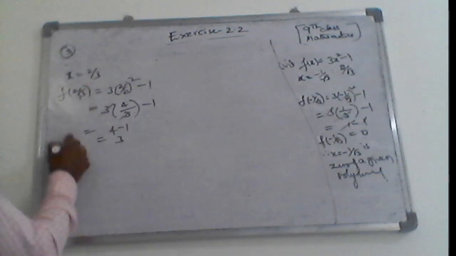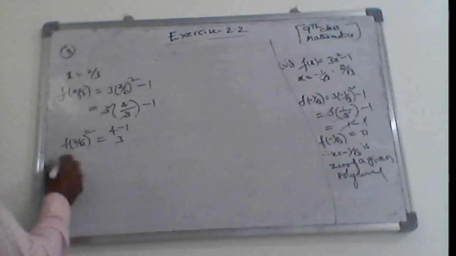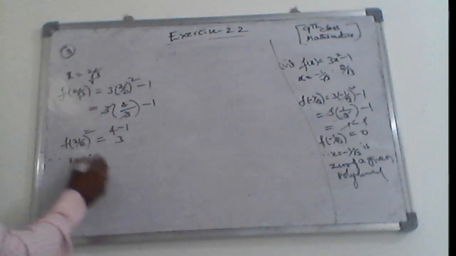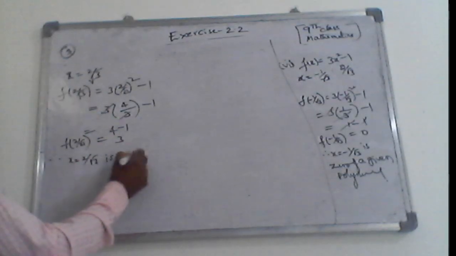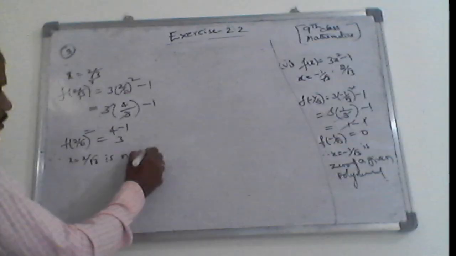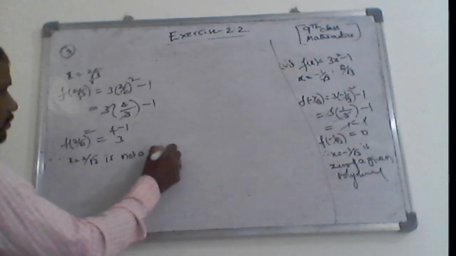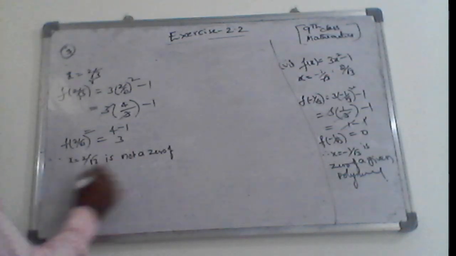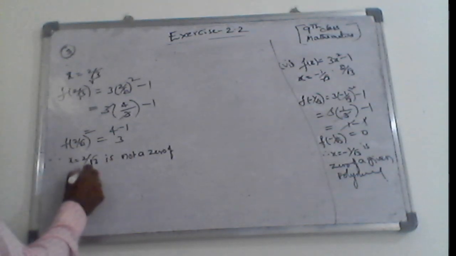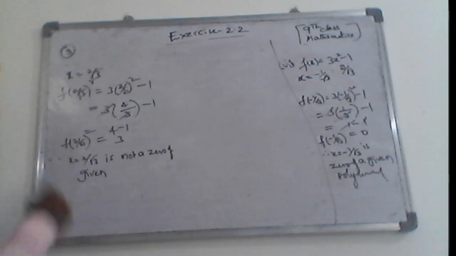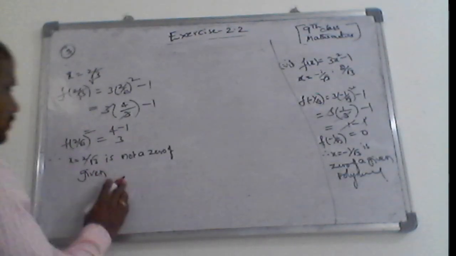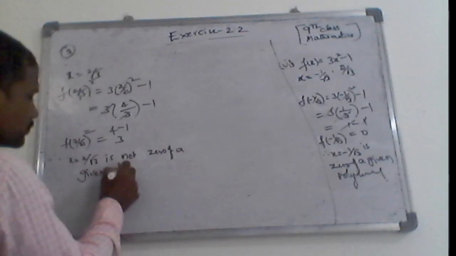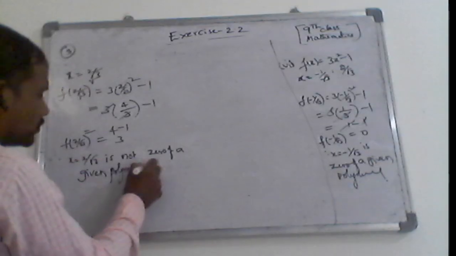Therefore, x equal to 2 by root 3 is not a zero of the given polynomial.